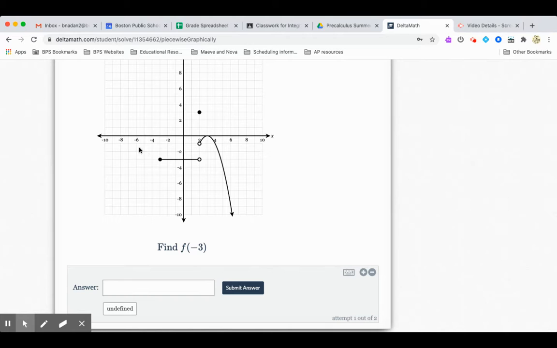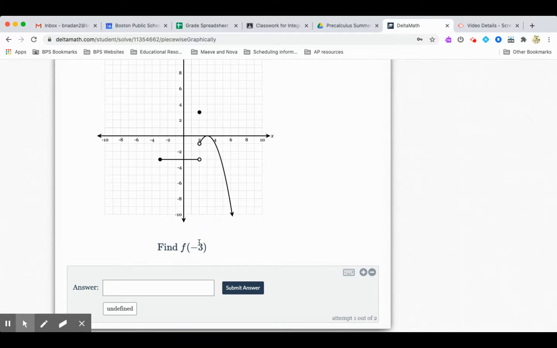Anything to the left of this doesn't have an output, so this would be considered undefined because there's no graph there.